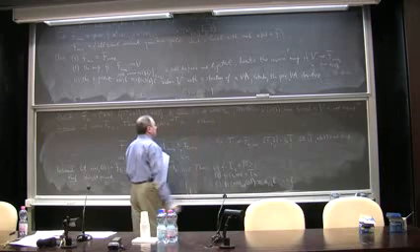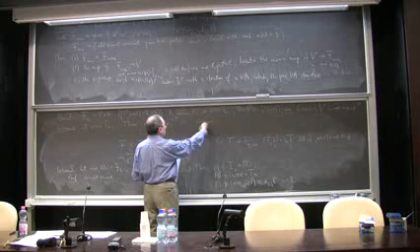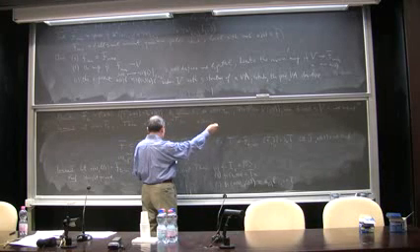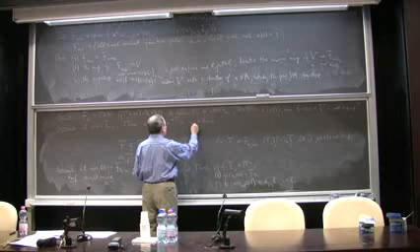But since there appear also negative powers of Z plus W, you have to say in which domain you expand, and you expand in the domain |Z| > |W|.